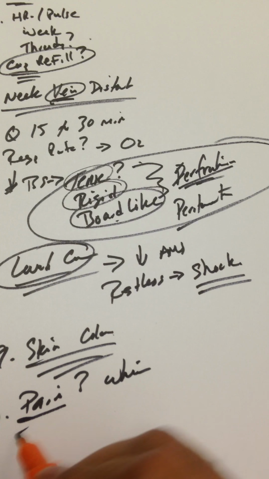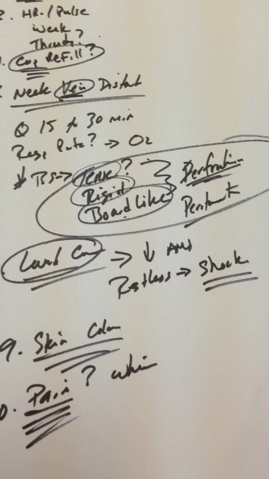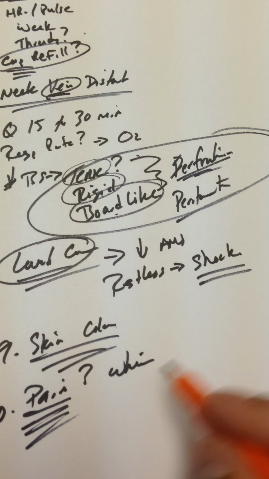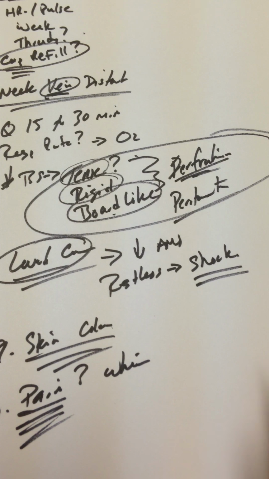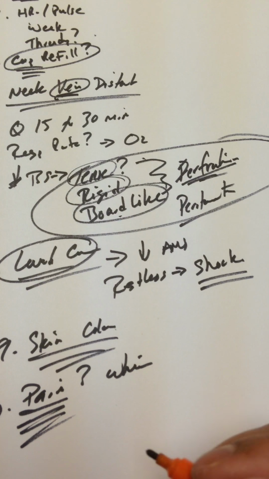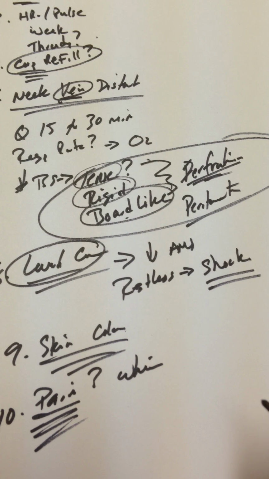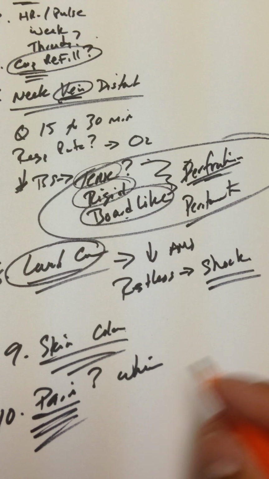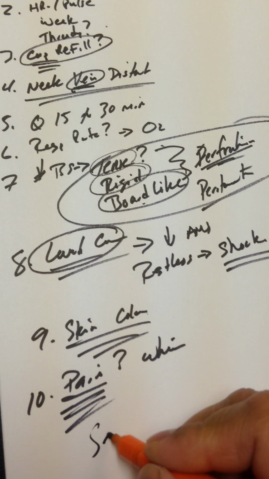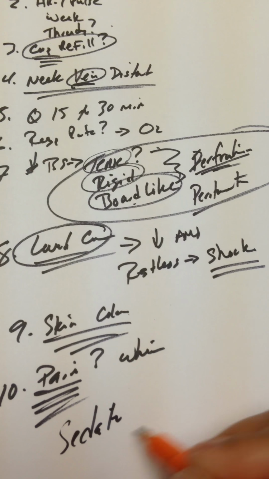Now this is important because if they're in a lot of pain, what you're going to most likely end up doing is giving them some kind of pain medication. Well, you have to be very, very careful as to how much pain medication you give, because if you give too much, you may actually begin to sedate them.